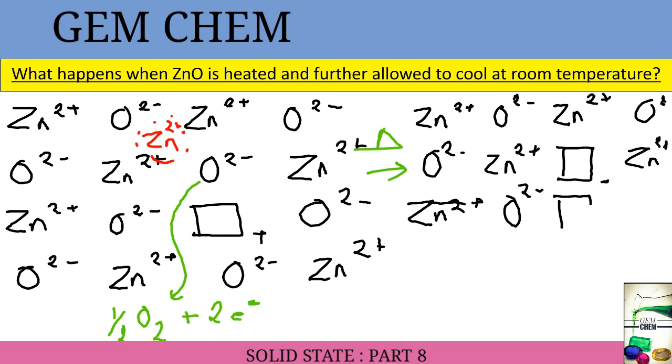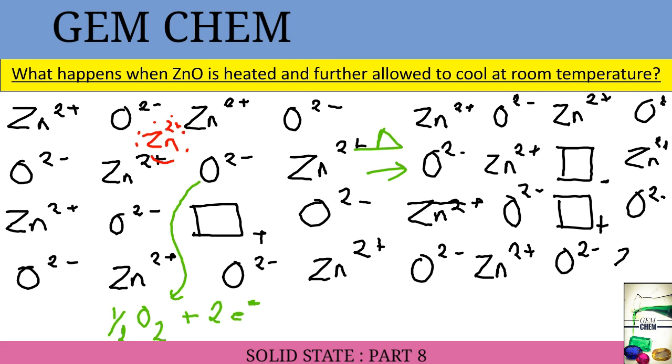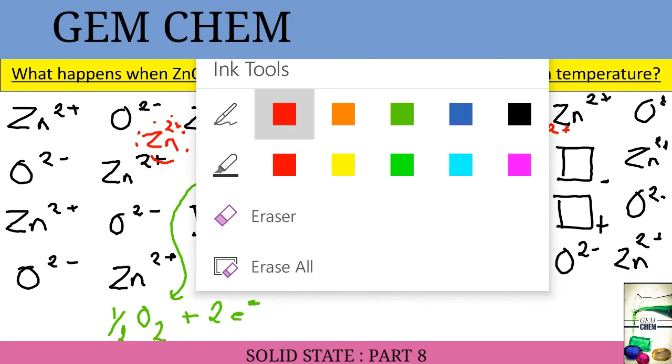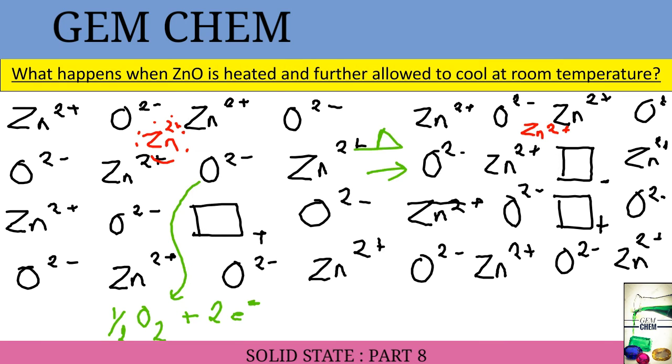Here is a vacant site due to loss of cation and Frenkel defect, O2-, and the last part remains the same: O2-, Zn2+, O2- and Zn2+. Now here we have a Zn2+, as previous, and what extra do we have? We have the electrons which are released, now in the interstitial sites. 2 electrons are present in the interstitial sites.